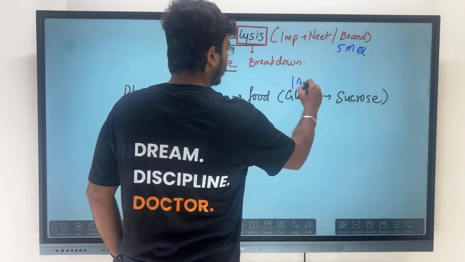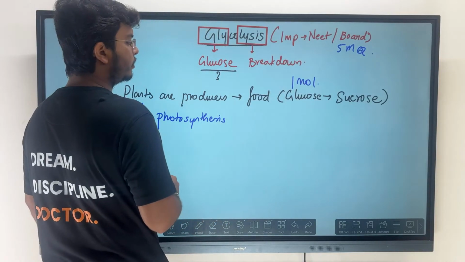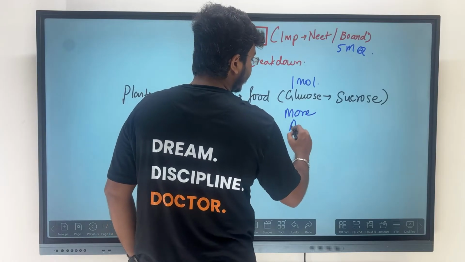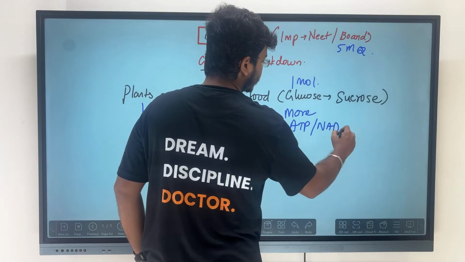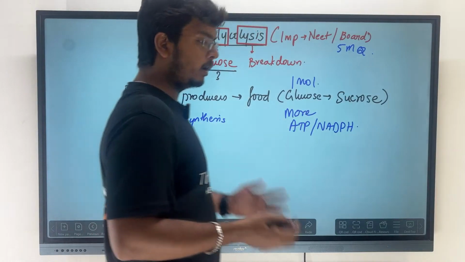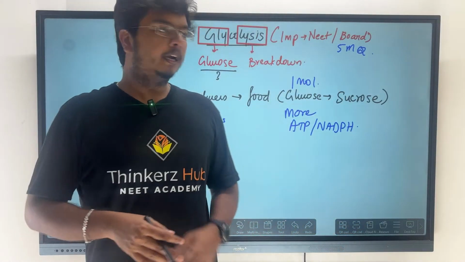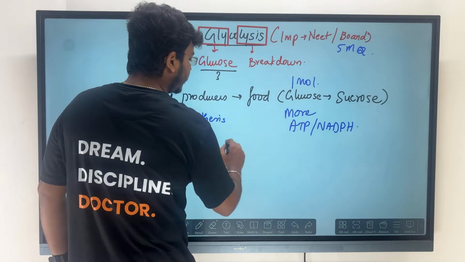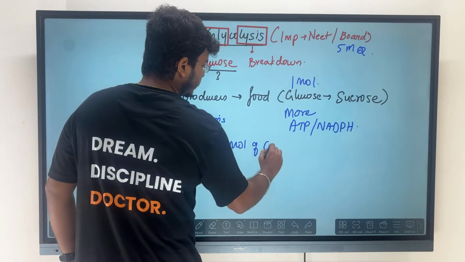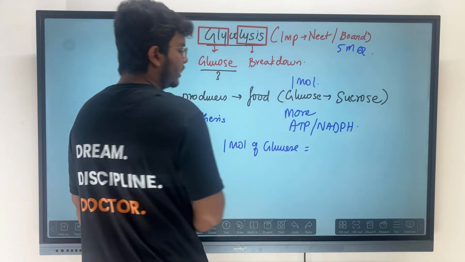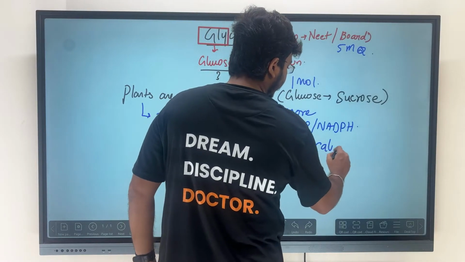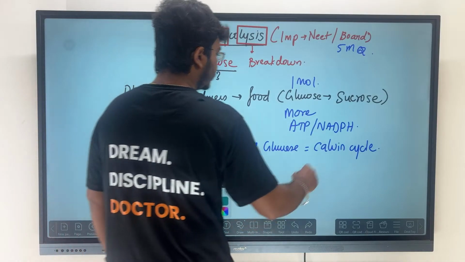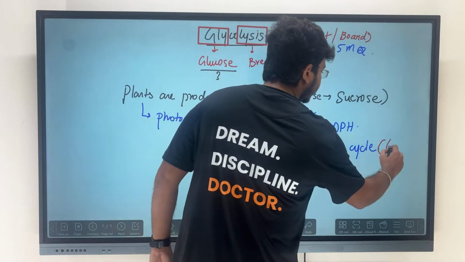To produce one molecule of glucose, they spend a large amount of ATP and NADPH. For example, the cycle is called the Calvin cycle, which takes place 6 times.